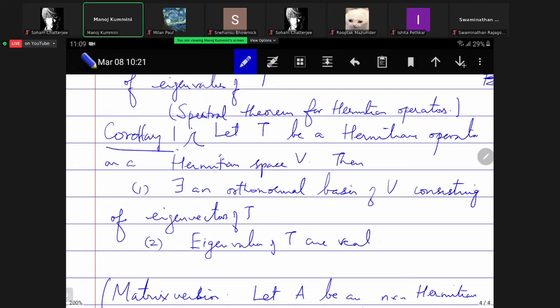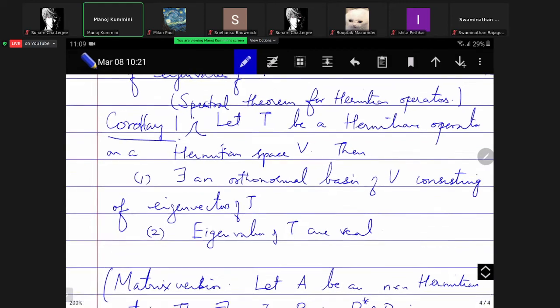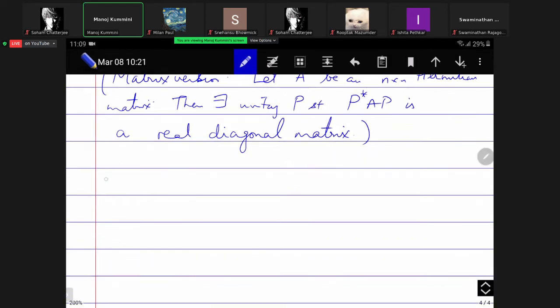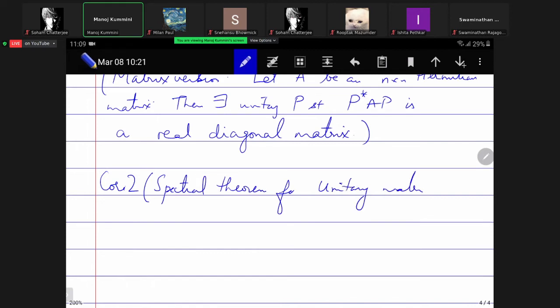And we can similarly write the spectral theorem for unitary matrices. Suppose that U is a unitary matrix, n by n, let's say.